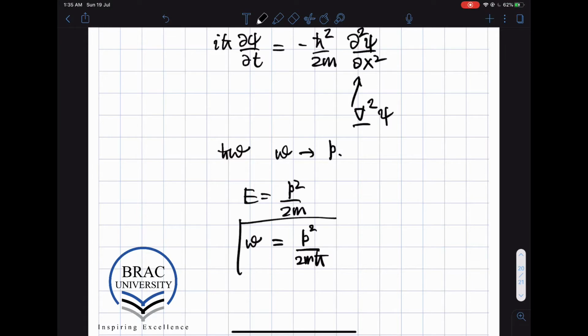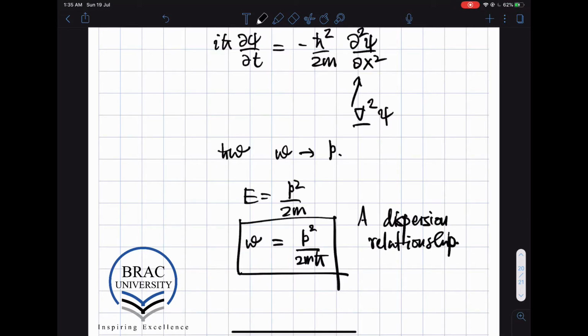So this is an example of what we call a dispersion relationship. This is how either the energy or the frequency is related to the wavelength or the wave number.